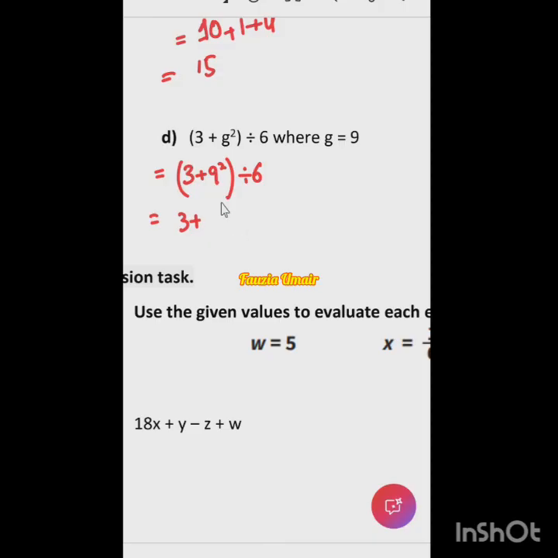No, not 18. 81. Excellent. So 9 is multiplied 2 times with itself, right? Yes, ma'am. So 81 plus 3 is 84. Good. Divided by 6. What is 84 divided by 6? 14 is the answer.